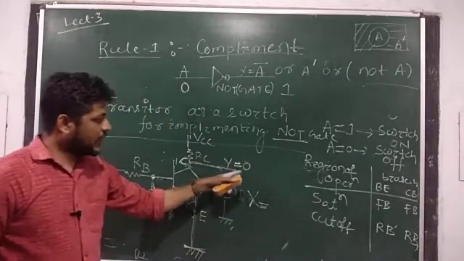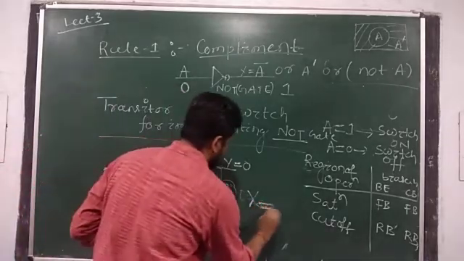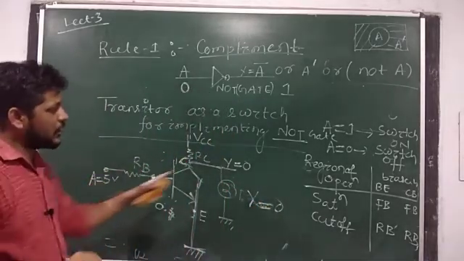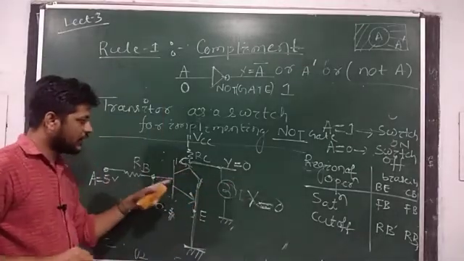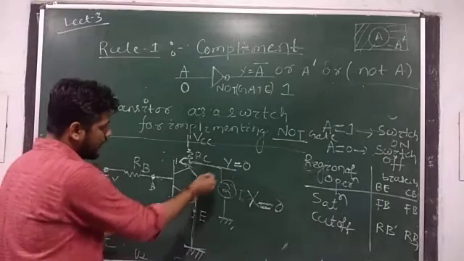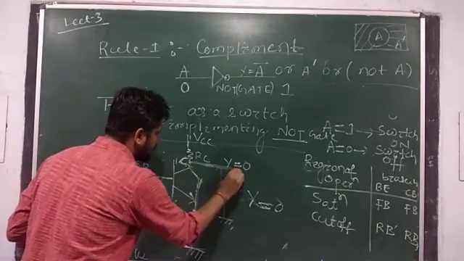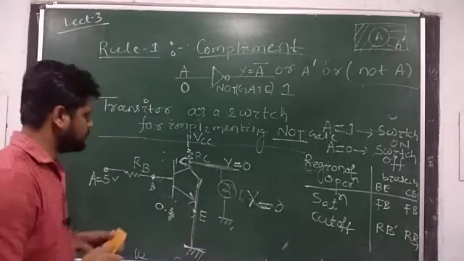So if you are applying 0 volt to the bulb, obviously the bulb will be off. So here we are applying input A equal to 5 volt and we are getting output Y equal to 0. Why? Because in this case the transistor is on, hence this output branch is connected to the ground via this transistor.